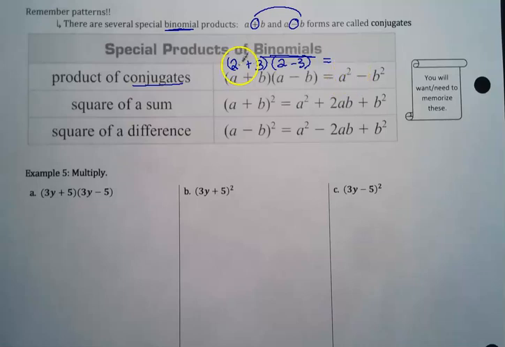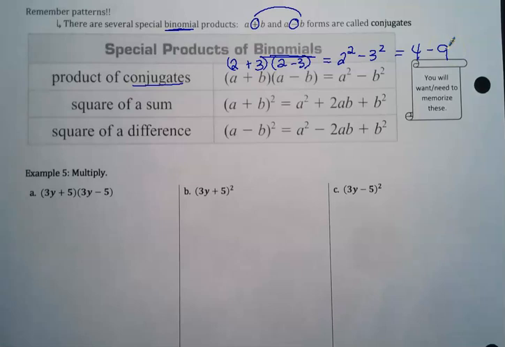So our a value was 2. So it's going to be equal to 2 squared minus our b squared, and our b is 3. So it's going to be equal to 2 squared minus 3 squared, which would be 4 minus 9, which we would work down to negative 5, but we're looking at binomials and things. Like, we're not going to take it this far. But when we see square numbers, that's going to be helpful for us.